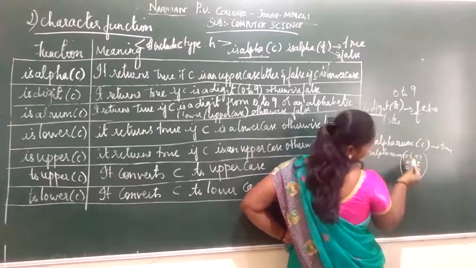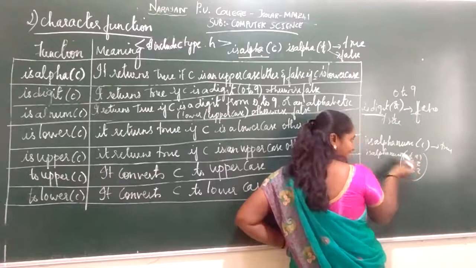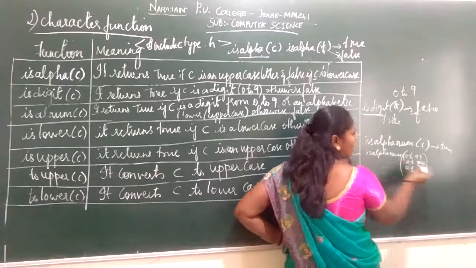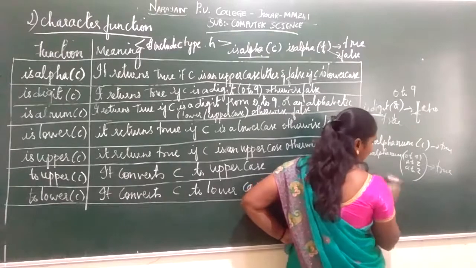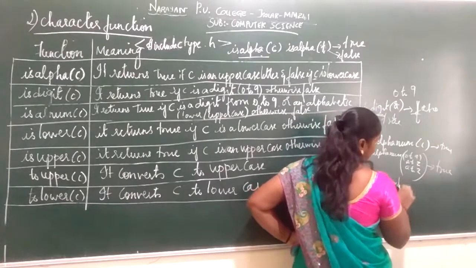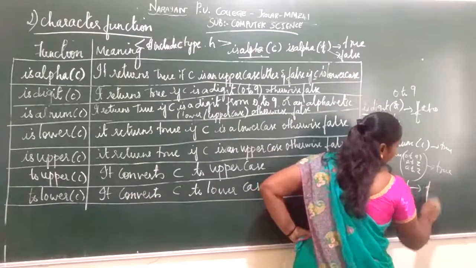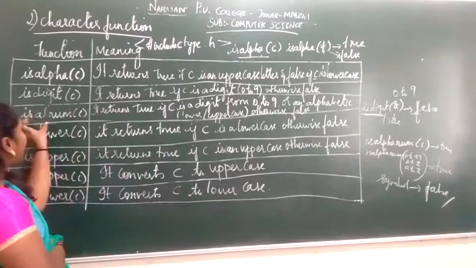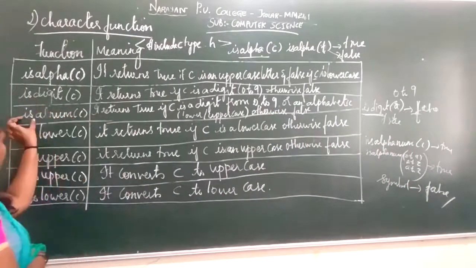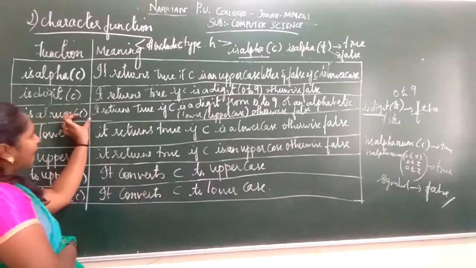If the character contains either an alphabetic or a numeric, it is going to return true. If I am using some other symbol or sign, then it is going to return false. That is isalnum, alphabetic numeric character c.